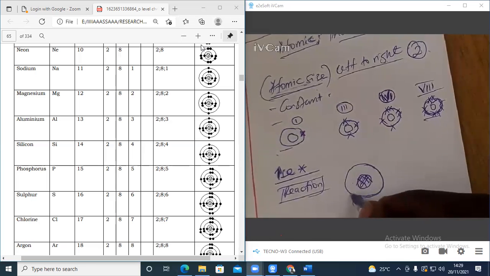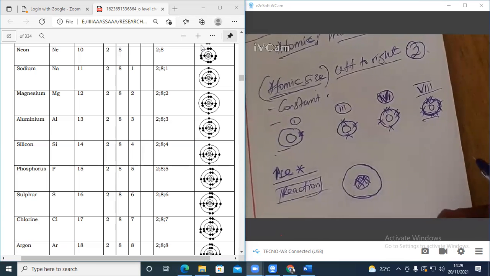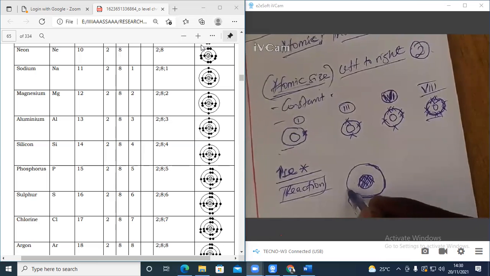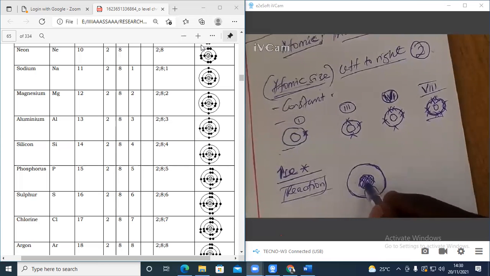Now, if you want to know that something is small in radius, like this is the atomic nucleus, each of the electrons you add on this shell has some force. It is going to impact on the shell.